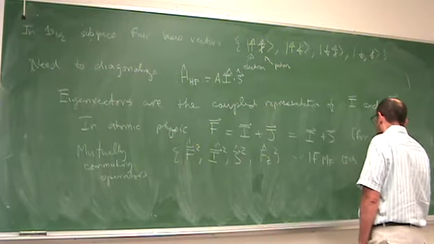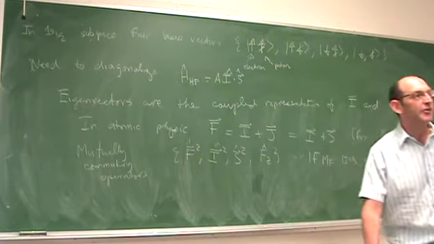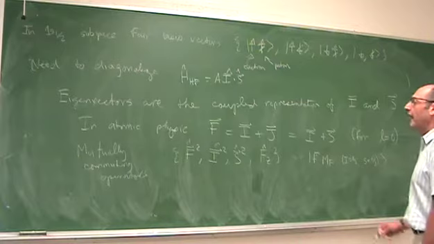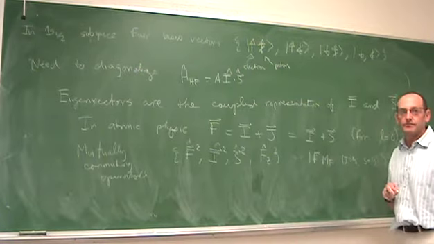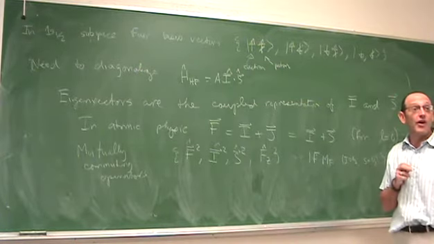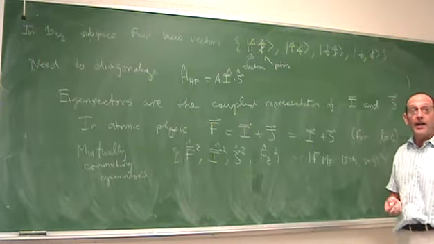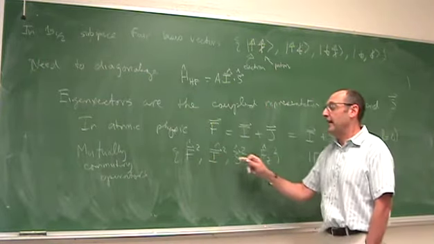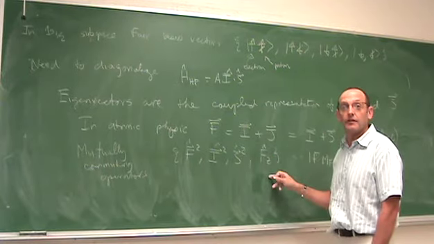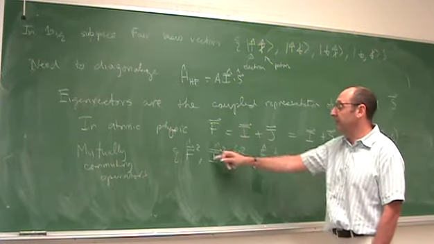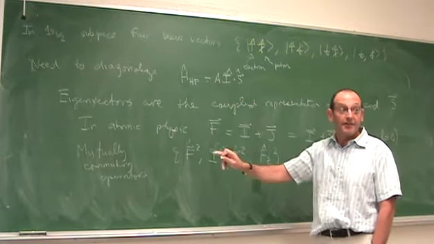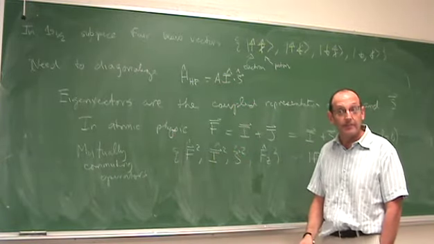We typically don't write those because we know that. We don't need to write it down every time. So those, I claim, are the eigenvectors, just like we had before. Why? Well, because this is a mutually commuting set that commutes with the Hamiltonian, and thus defines the eigenvalues.